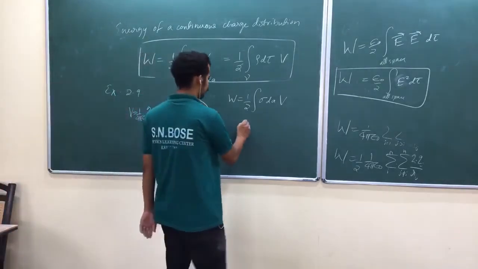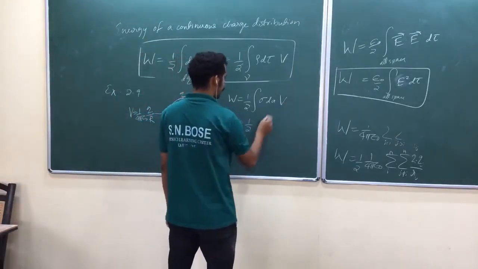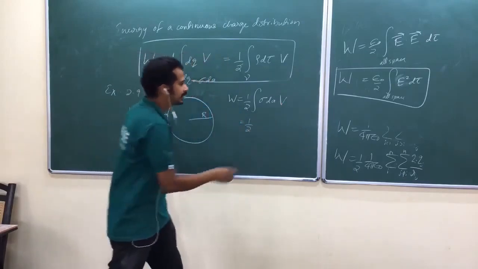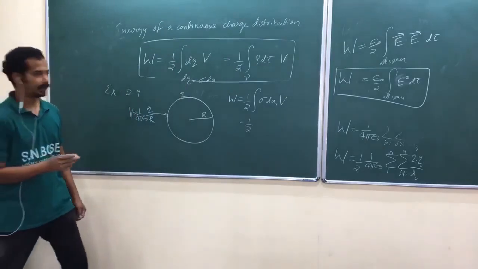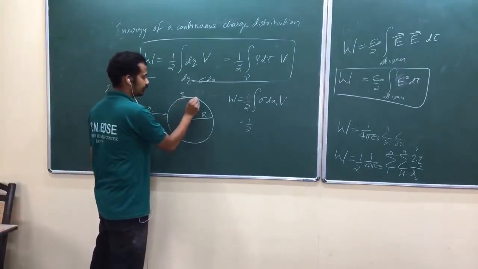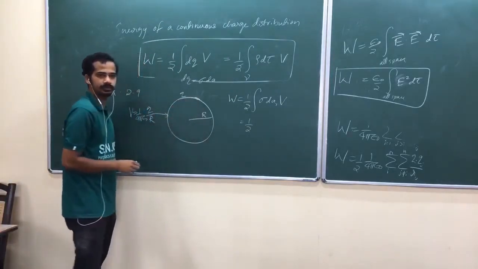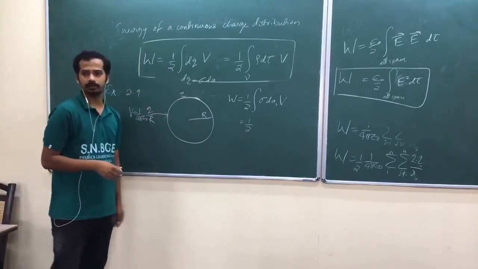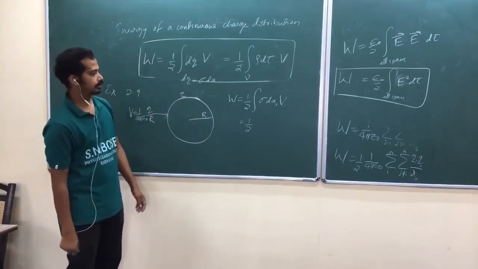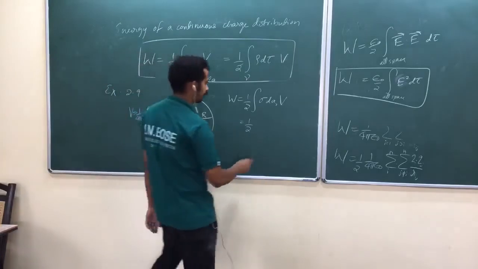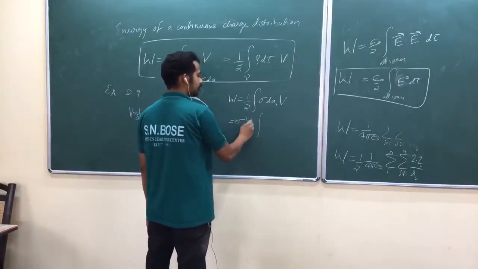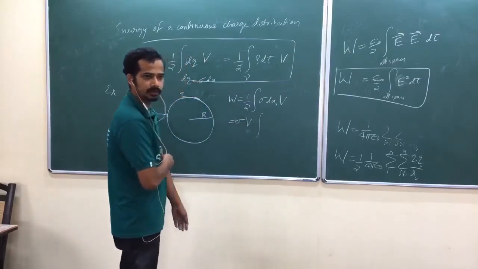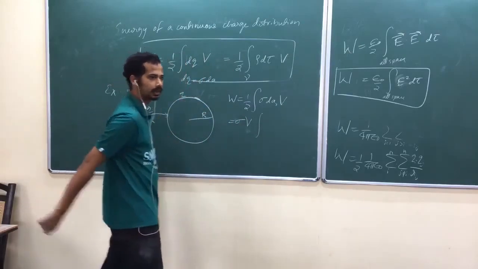So now look at here, 1 by 2. What is this dA actually? Don't write in vector form. That is the surface here, am I right? You have to take surface like this, and you have to take potential in the position of the surface. Is that okay? Sigma dA, and potential is also constant throughout this region of the charges.